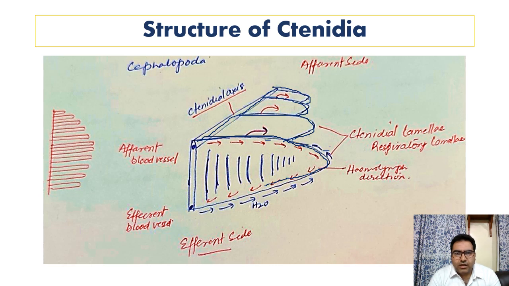This very Ctenidium receives the venous blood from the artery through the afferent branchial vein. So we do have the afferent blood vessel, which helps to take along the deoxygenated blood, and from the afferent blood vessel the deoxygenated blood is passed on to the Ctenidia.